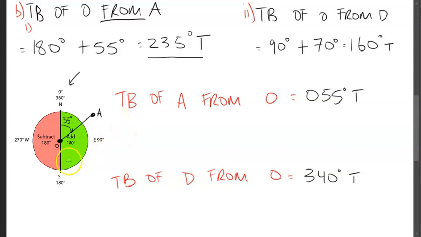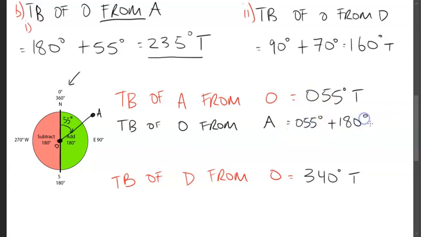Now, to get the true bearing of O from A, okay, so that thing that we worked out when we scooped around, because this is within the first half, we're just going to get this 55 degrees and just add 180 to it.